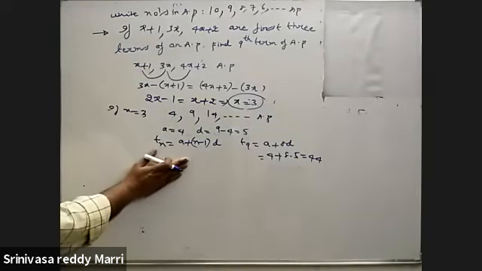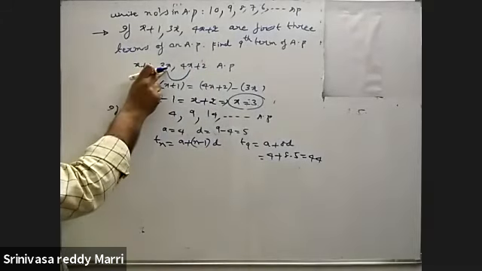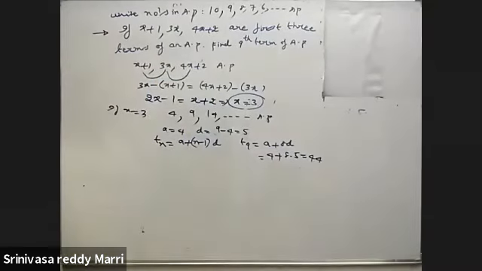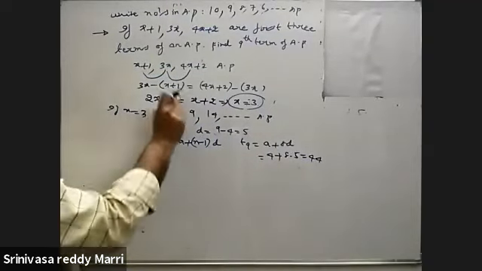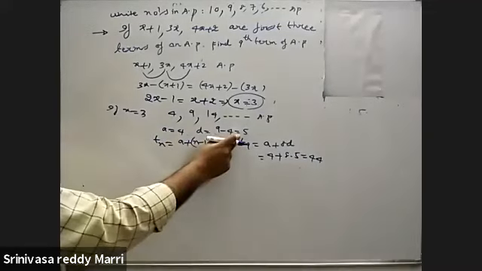These are given in AP. I used the simple definition: common differences must be the same. From that I calculated the x value. Then I wrote the terms in AP: first term is this, second term is this, third term is this. Simply I got A and then D. What is the nth term?